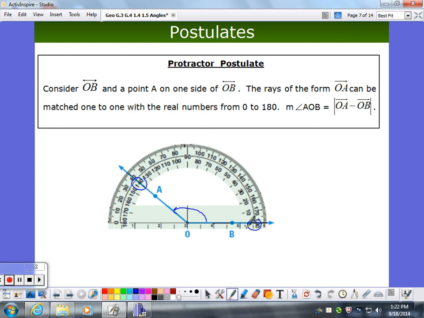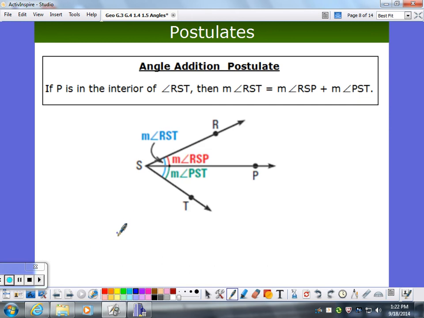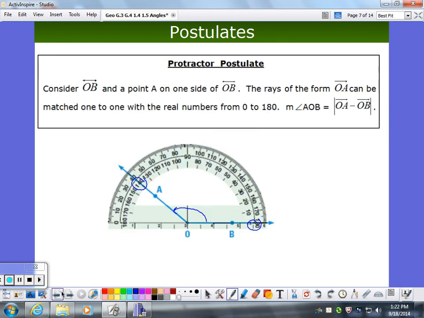If you really wanted to start at a different number, like if I put 20 down here and move this up 20, and you just subtract, you're going to get the same number. Kind of like the ruler postulate. It's not as useful to us as the other is. Okay, that's the ruler postulate. You have to understand what you're actually doing.